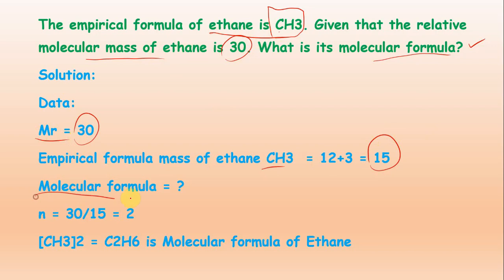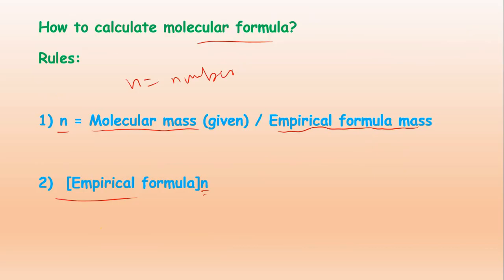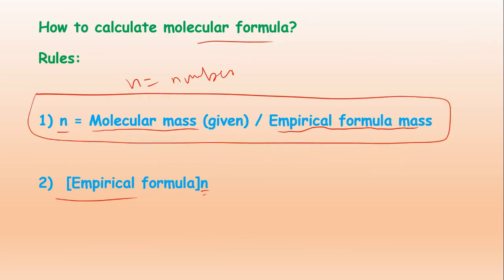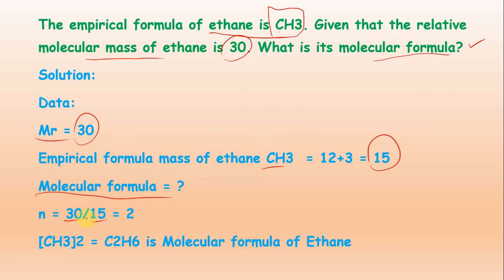Now we have to find the molecular formula. How to find it? By two steps. Step number one, n equals the molecular mass given, that is 30, divided by 15, which is the empirical formula mass we have calculated here.